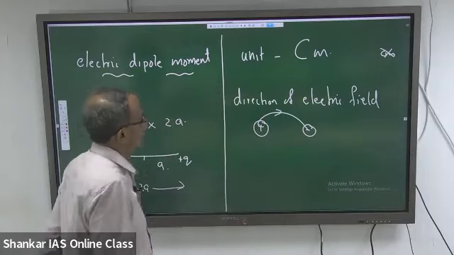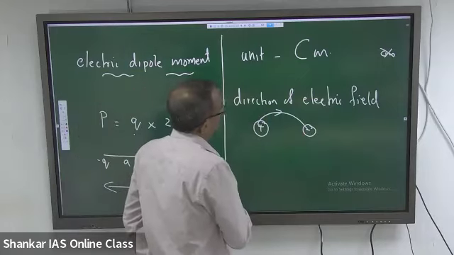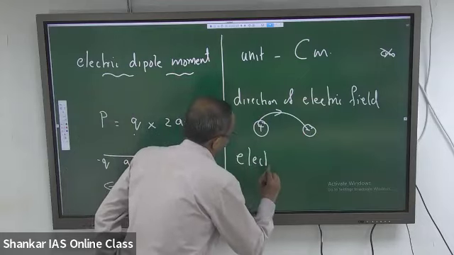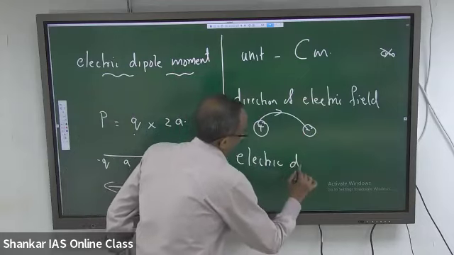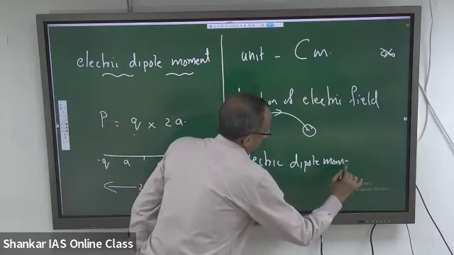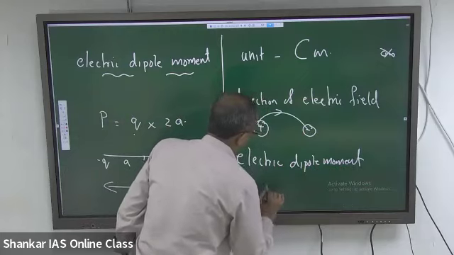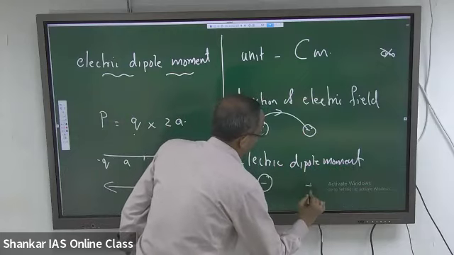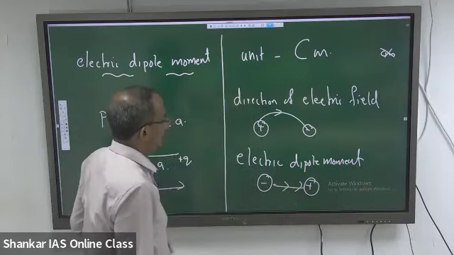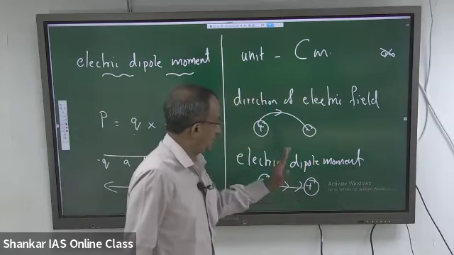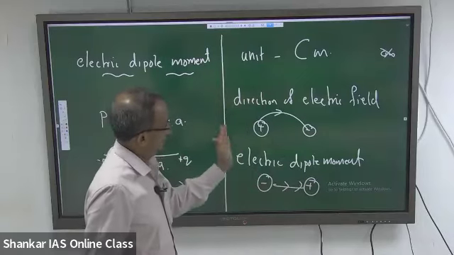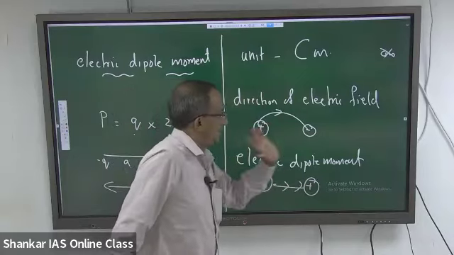But the direction of electric dipole moment is from negative to positive. The direction of electric dipole moment is always from negative to positive. The direction of electric field is always from positive to negative.